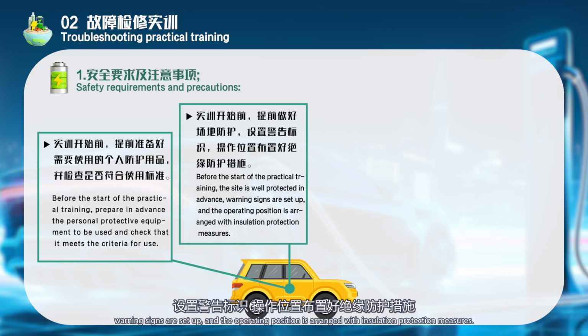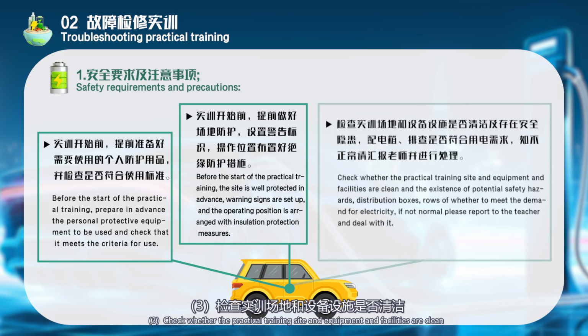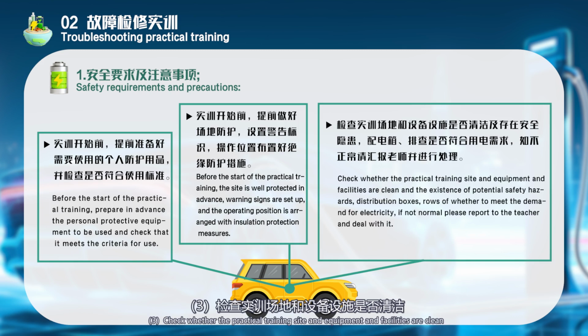Warning signs are set up, and the operating position is arranged with insulation protection measures. 3. Check whether the practical training site and equipment and facilities are clean and free of potential safety hazards, and whether the distribution boxes meet the demand for electricity. If not normal, please report to the teacher and deal with it.